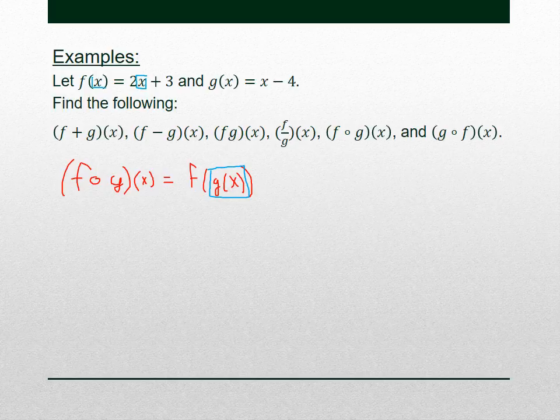What do I mean by that? Well, what I mean is that instead of this x here, we're going to plug in whatever's on the inside of this parentheses, right? Instead of an x inside the parentheses, we have a g(x). So I still have a 2, and then instead of an x, what do I have? I have a g(x).